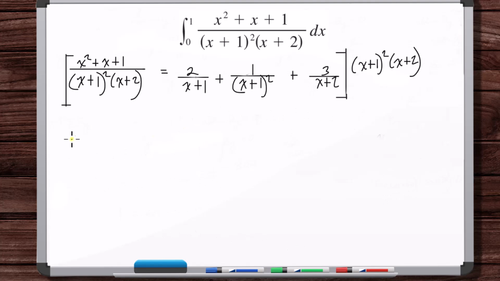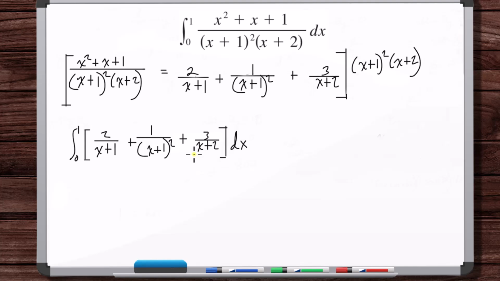Okay, so we've got the integral from 0 to 1 of, okay, and so this is 2 natural log of the absolute value of x plus 1. Well, no, let's do this. Let's go ahead and separate this.